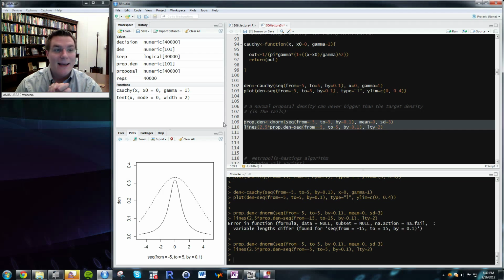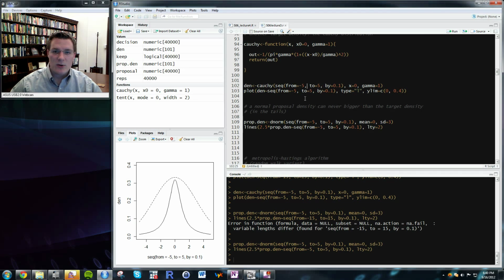And in fact, inside of this particular range from -5 to 5, it will work as a proposal density. The problem is it's pretty rare for us to only want to integrate over a finite domain. At least in principle, we want to capture the entire range of values for which the Cauchy is a valid density, which is to say -infinity to infinity.